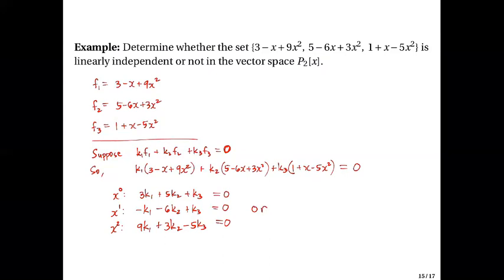The square matrix times K1, K2, K3 equals the 0 vector.